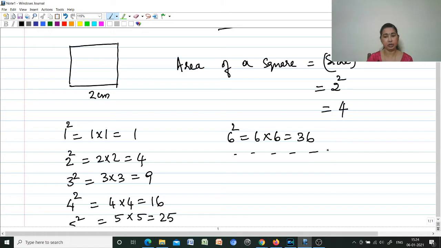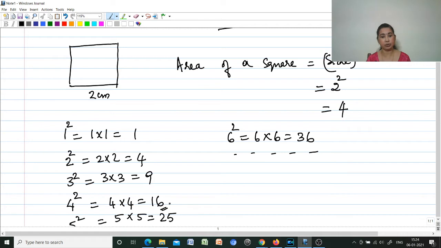So we can write all the squares like this. One thing you have to notice is which digit the square of any number ends in. 1 square is 1 itself. 2 square is 4. 3 square is 9. Again 4 square is 16, it is ending in 6.